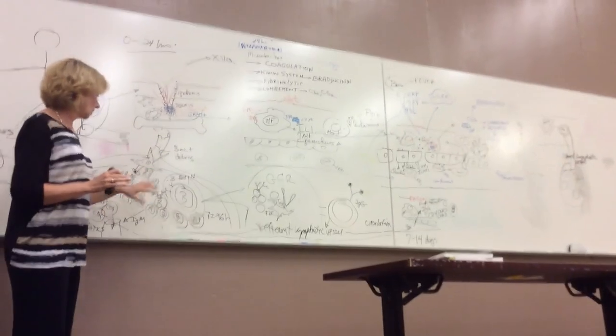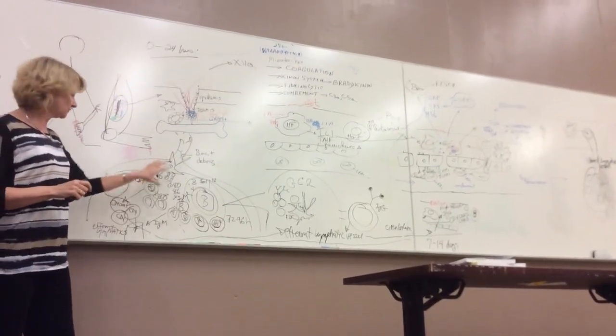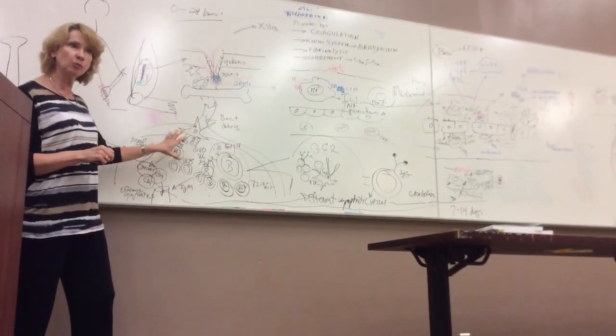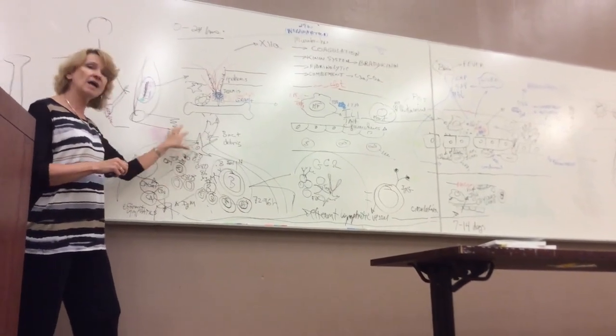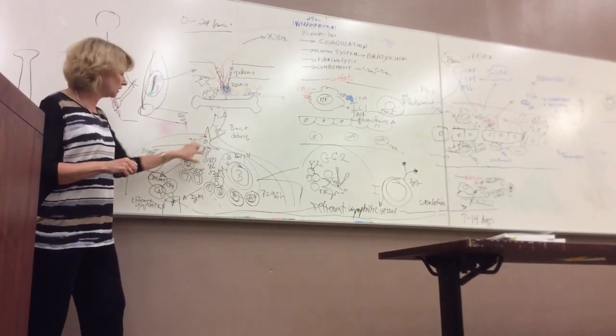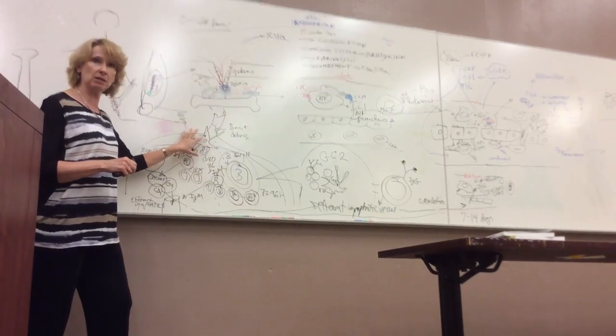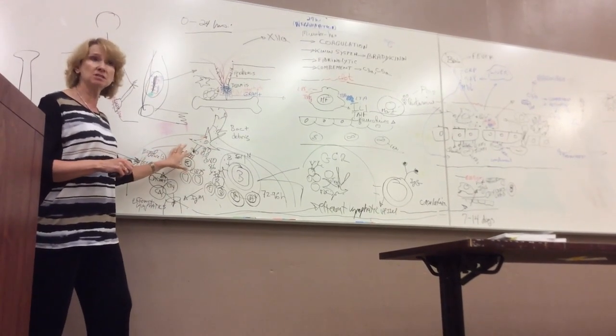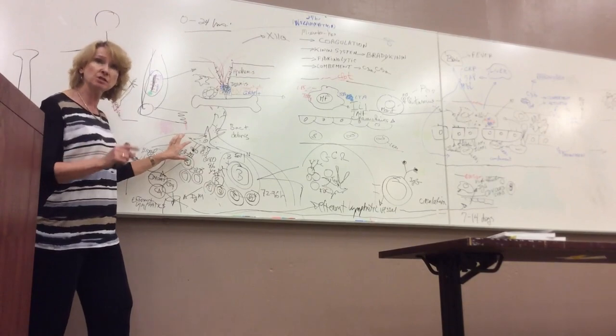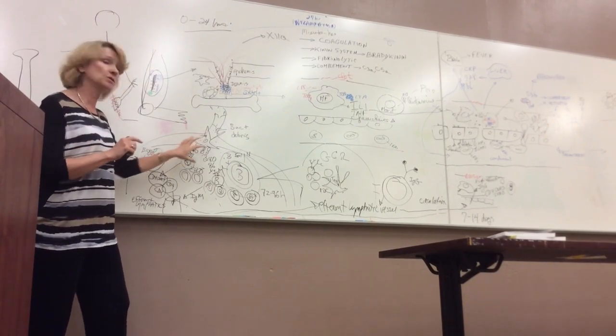Okay. That's what Dr. Mitchell just mentioned. That switch differentiation into a Th1 occurs in the lymph nodes after encounter of the dendritic cell that's presenting antigen to the naive T cell that is responsive to the particular antigen that dendritic cell is producing.